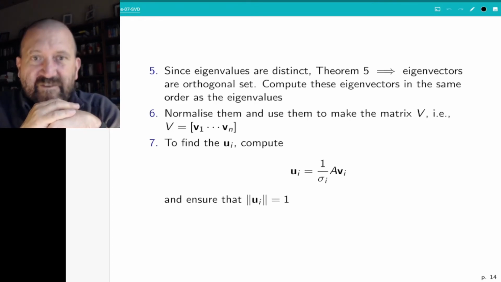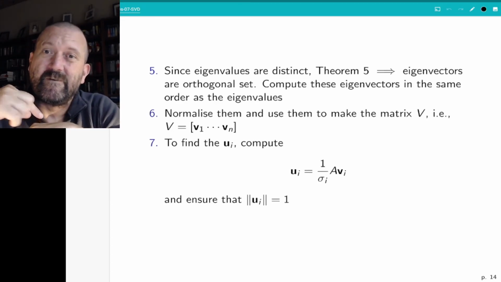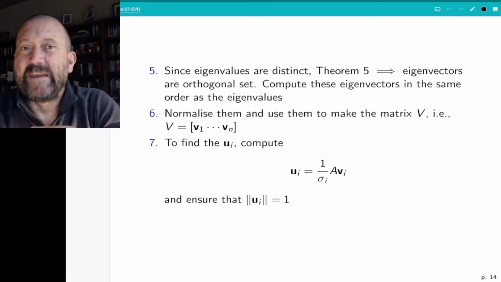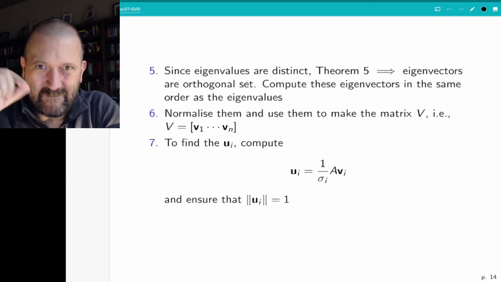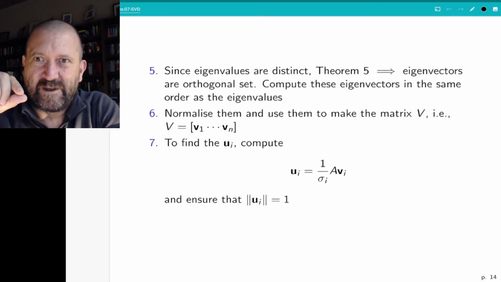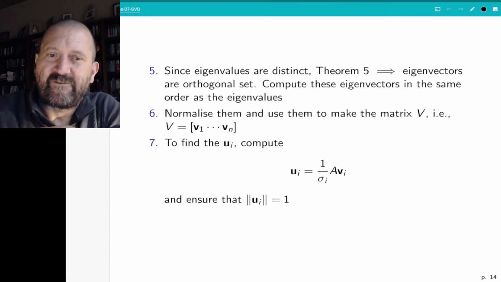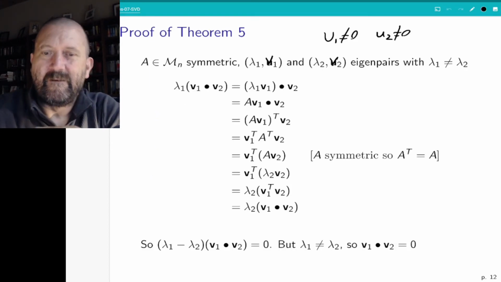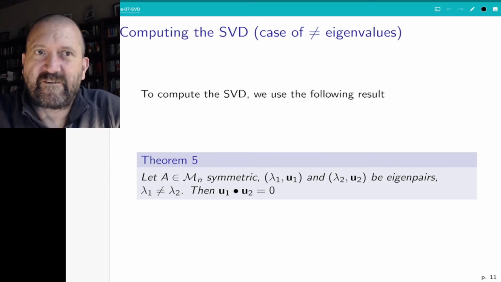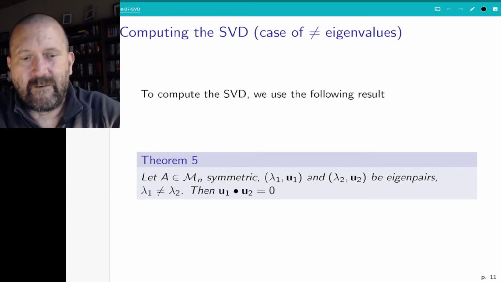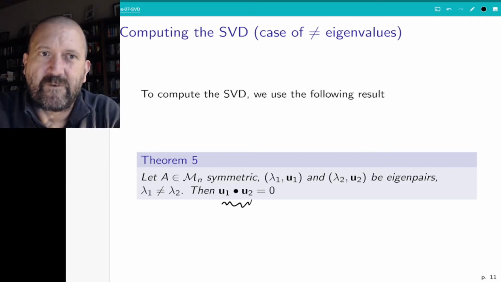Now, since the eigenvalues are distinct, I can use this theorem that we just showed, which tells me that the eigenvectors of the matrix A transpose A form an orthogonal set. We didn't stress this, but this theorem says that if I have two distinct eigenvalues, then the associated eigenvectors are orthogonal.